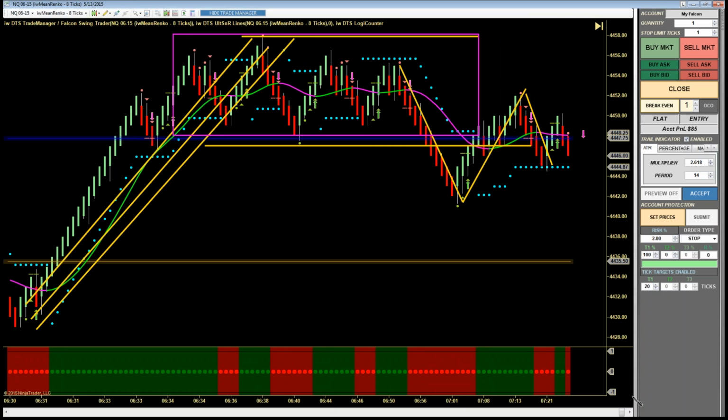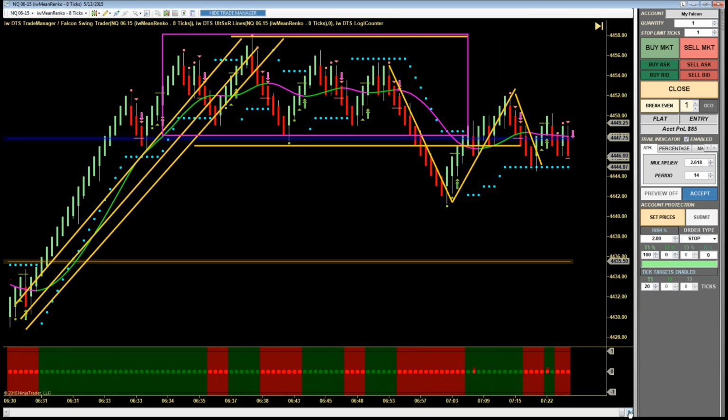We're actually generating a trend change signal, but this is a signal that I know is reliable. How do I know it's reliable? Because of the story that the mean Renko bars have told me. Buyers pushed up, sellers held the market. Sellers pushed down to show their strength. Buyers are pushing back. Sellers are saying, oh, no, you don't. Buyers say, oh, yes, we do.